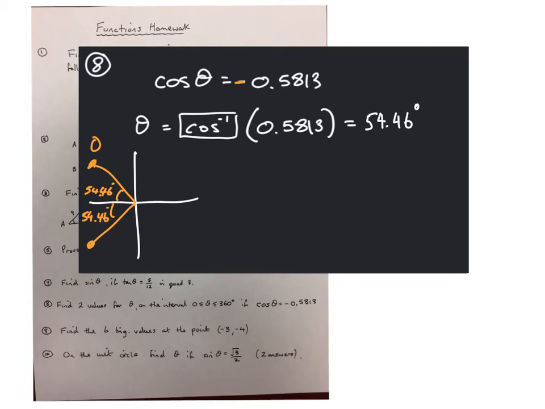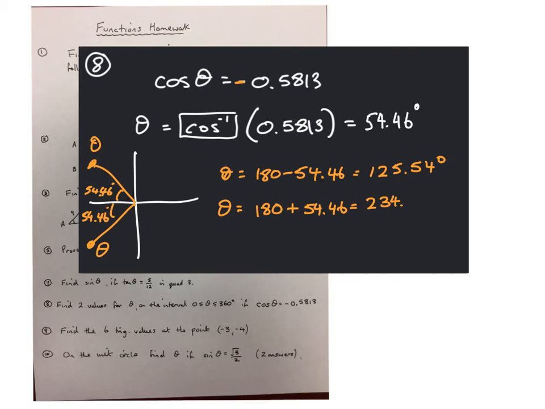So in quadrant 2, we know that theta equals 180 minus 54.46, which is going to be 125.54. And in quadrant 3 here, theta equals 180 plus 54.46, which is 234.46 degrees.